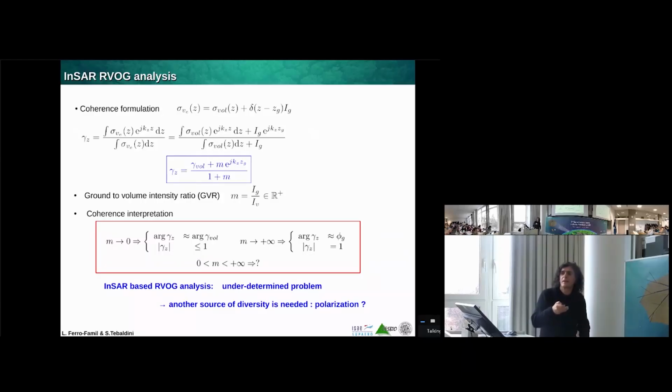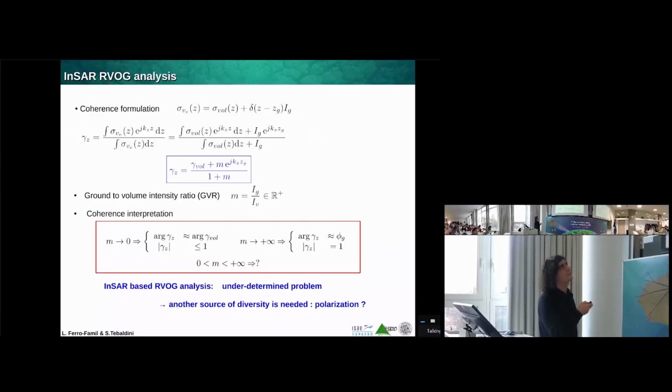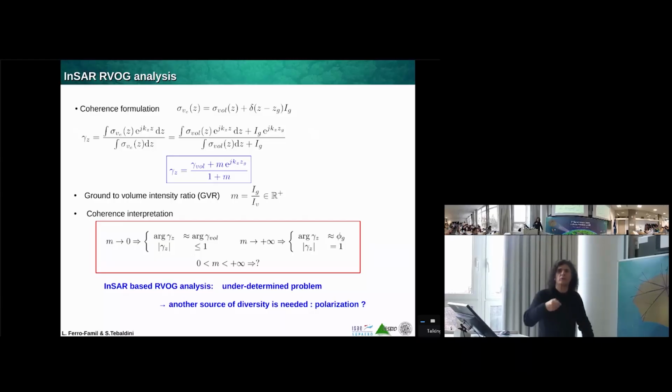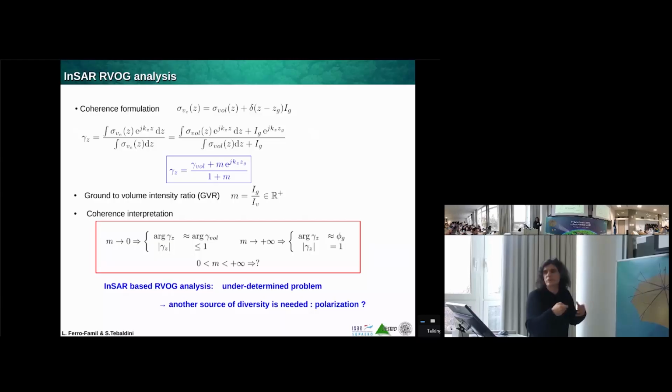And retrieving the parameters of the forest using this formula is extremely difficult because you need to make a large number of assumptions or to use prior knowledge on the forest, call it the way you like, to set all these parameters, saying the ground to volume ratio should have these values, and then you need to fix some parameters to estimate the others.